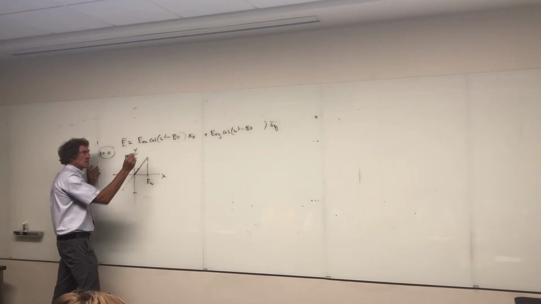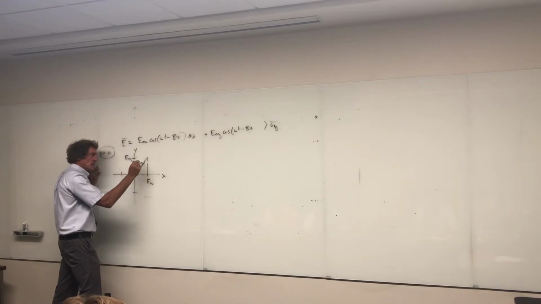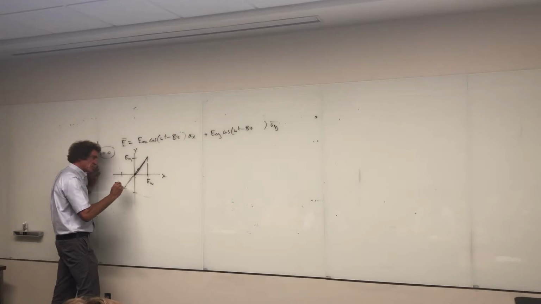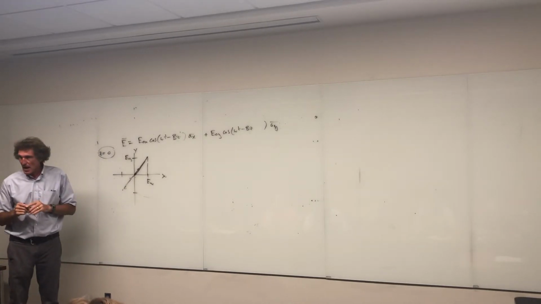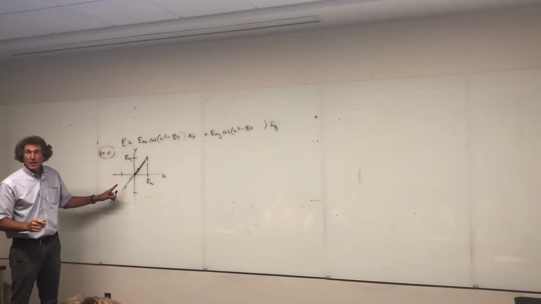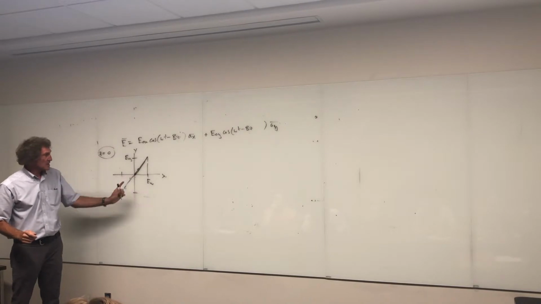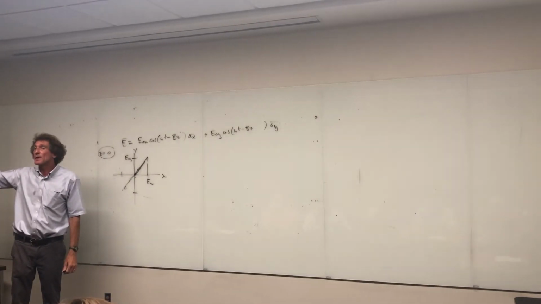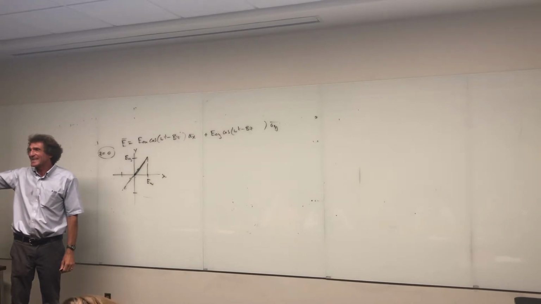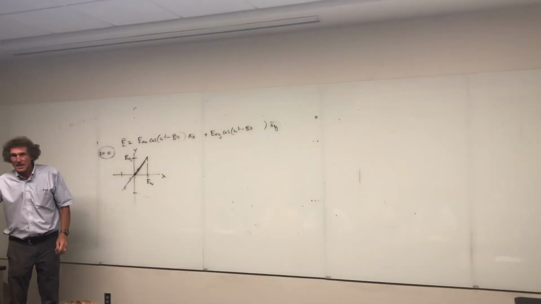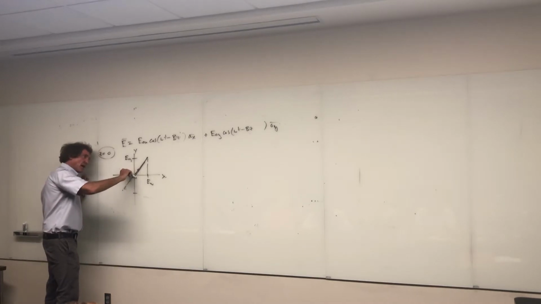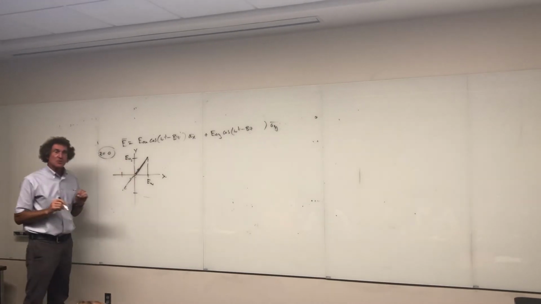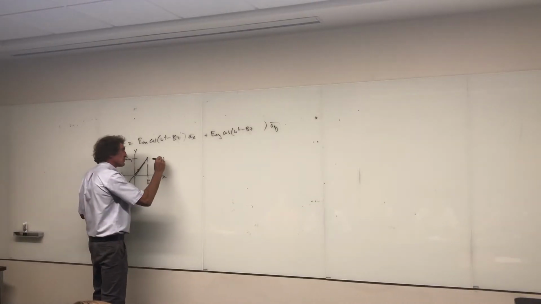The tip of this vector gets longer and longer, hits here, then shorter and shorter, then it reverses polarity. Do y'all see what I'm doing here? How many see this graph would be this function if you plotted EX there and EY there? Class, you with me? Now, what do you notice about that? It's a straight line. It doesn't matter if the line's that way, or this way or that way. That's called linear polarization.